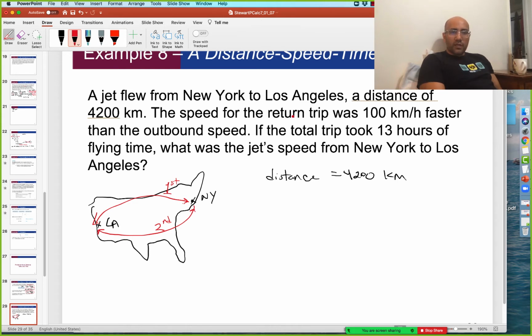On the first leg of the trip from New York to LA, the speed on the return trip was faster. And the total time it took is 13 hours. So total time is 13 hours.